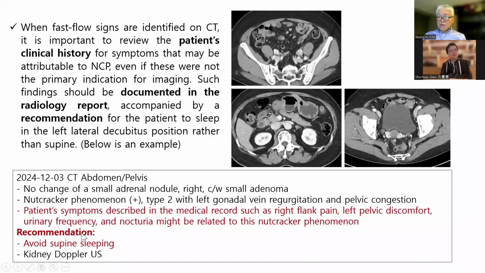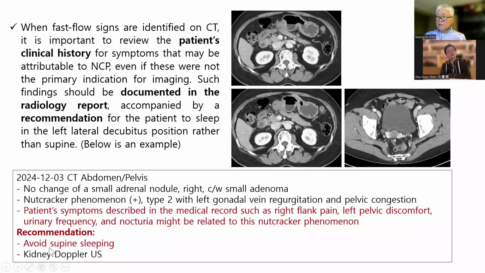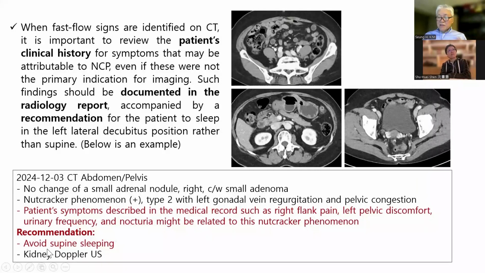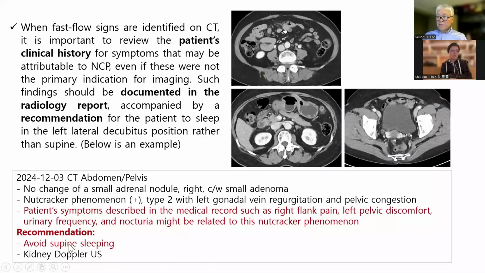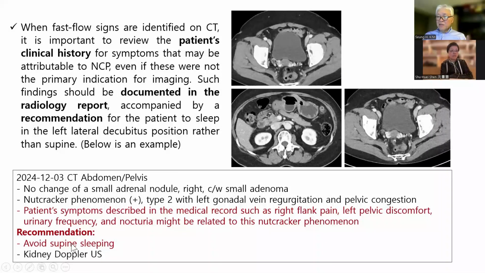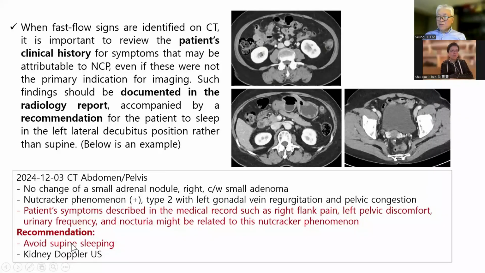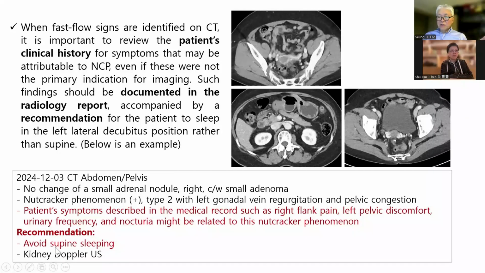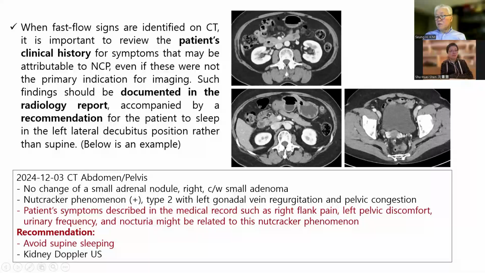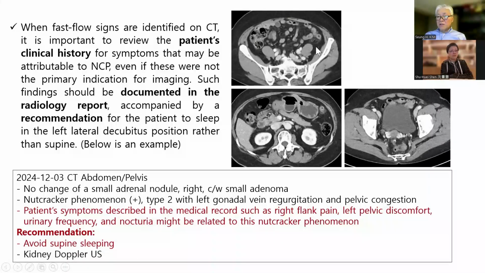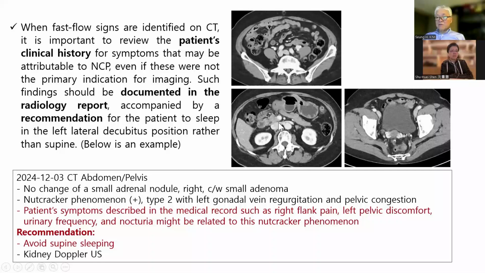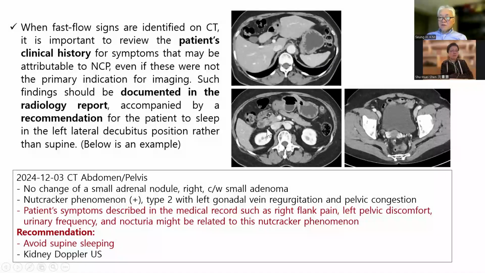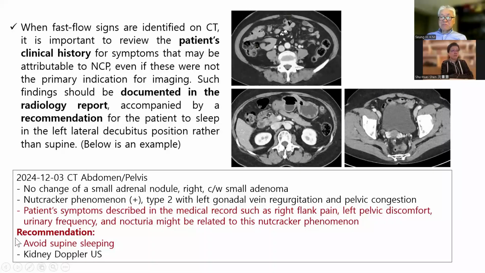And we recommend asking this patient to avoid supine sleeping, if the sleeping habit is supine, and we recommend changing the sleeping posture and a kidney Doppler ultrasound to measure the flow velocity in this area and confirm the presence or absence of Nutcracker phenomenon in this patient.